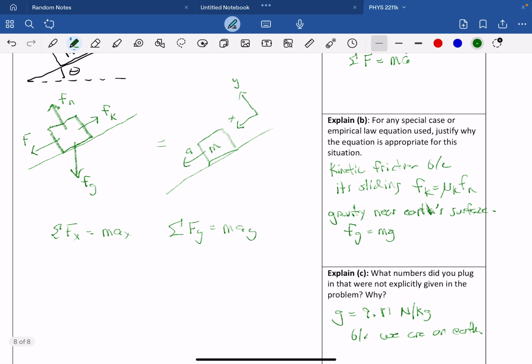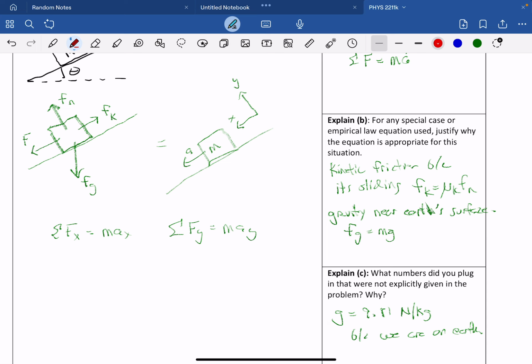Because we've set up our coordinate system perpendicular and parallel to the hill, the push force, capital F, the normal force, Fn, and the friction force, Fk, are already set up to be either exactly in the x direction or exactly in the y direction. The one force that's not is gravity.